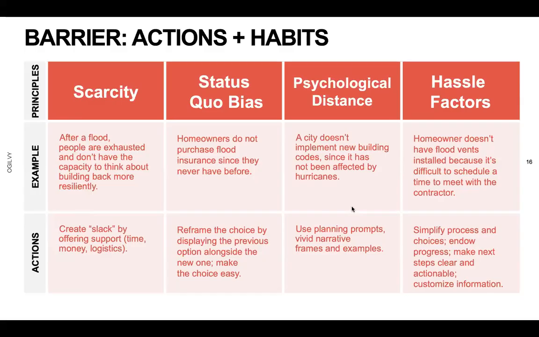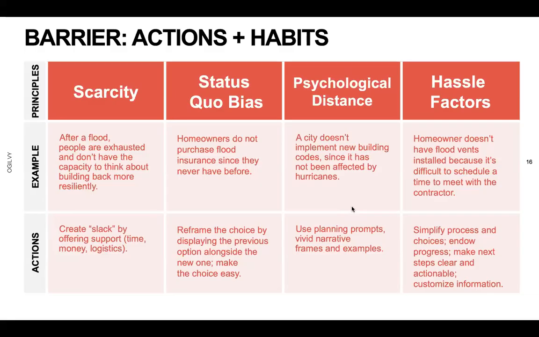So there are a few ways you can get over this. One, you can use some planning prompts. You can help the city vividly plan what it might look like if they got hit by a hurricane and have them think about a planning method to confront this. You could also use vivid narrative frames and examples. In short, storytelling.